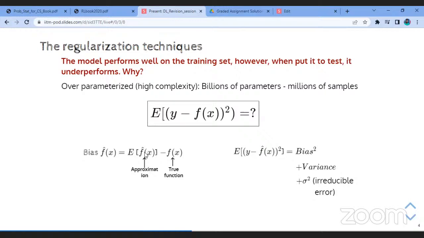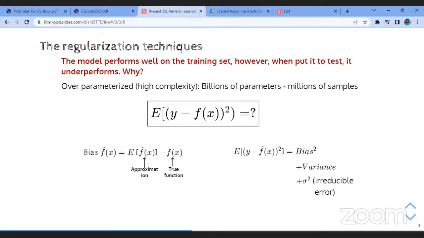There are two functions involved in computing the bias. One is my true function, the other is my approximation. Usually when we compute an expectation, if we have the probability distribution of all my training samples for the entire data set, then we can use that probability density function to compute it directly, but we never have that.